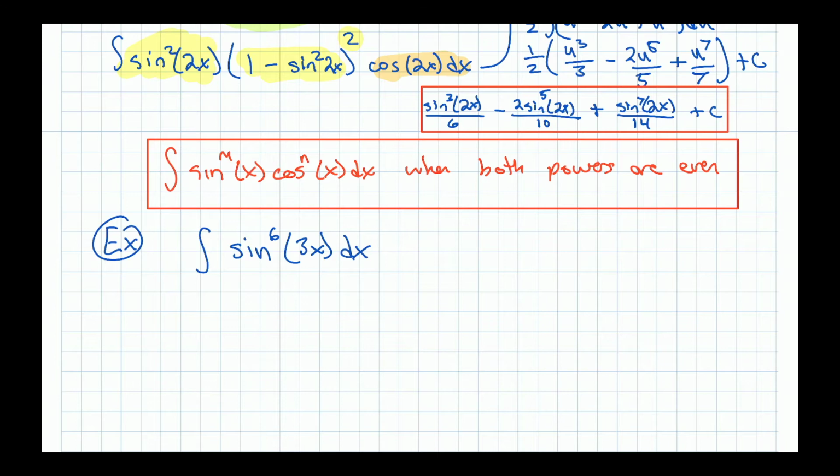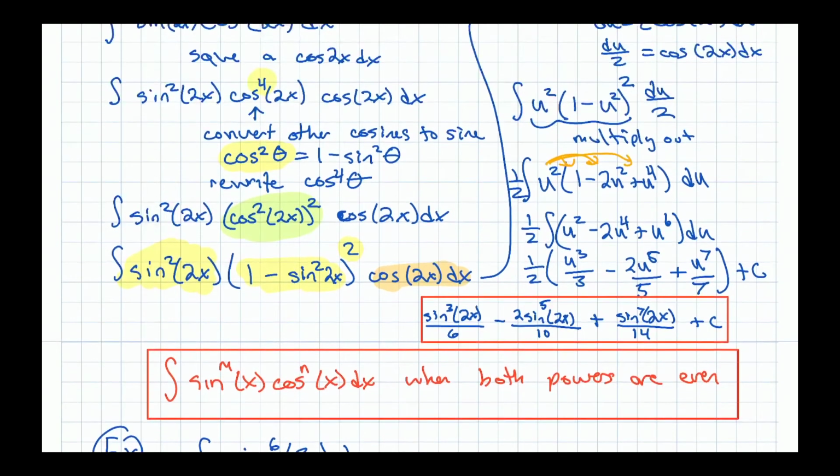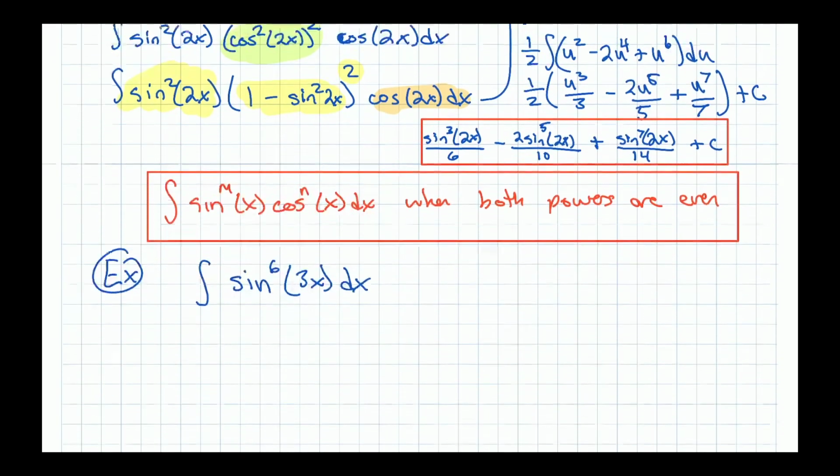first thing is you need to recognize that we're not in the previous type of problem, right? There's no odd power of sine, so we can't do it that way. We have to do it with a new technique. So what's the new technique? So what you're going to have to do is similar to what we did here with this cosine squared, cosine squared squared being cosine to the 6th.